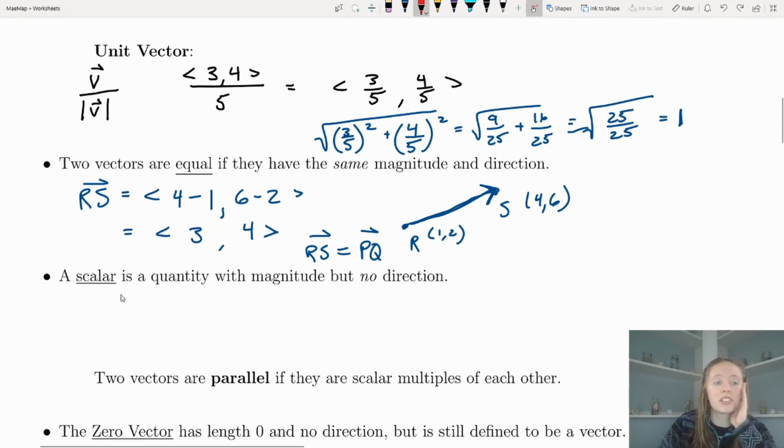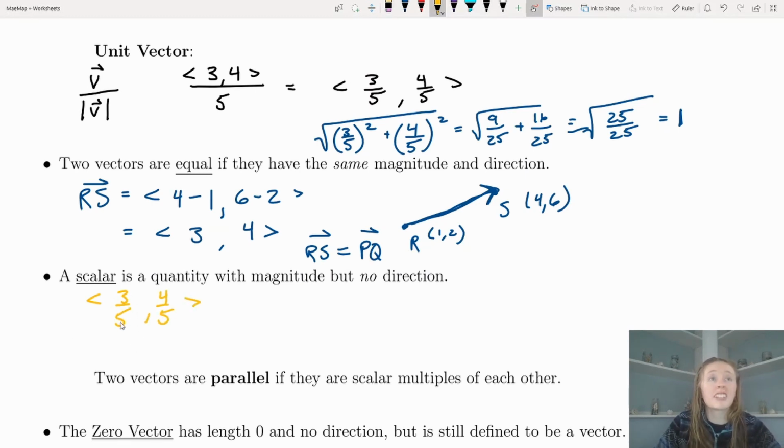Now, going back to a scalar is just a quantity with magnitude and no direction. So you can think of a scalar as a real number. And a scalar can be multiplied to my vectors and then just distributed through to each of those components. So up above, when we were talking about the unit vector, for PQ, we had 3/5 and 4/5.